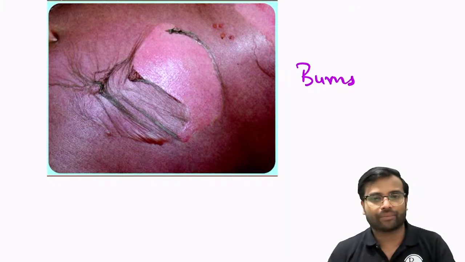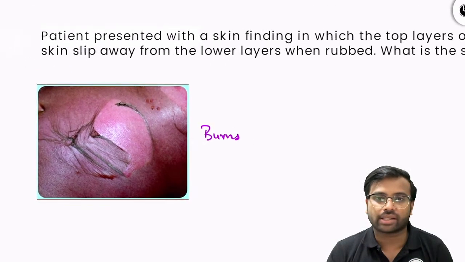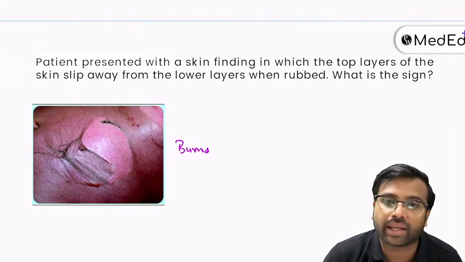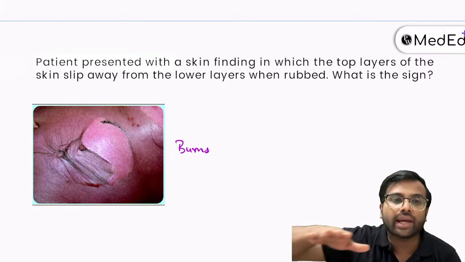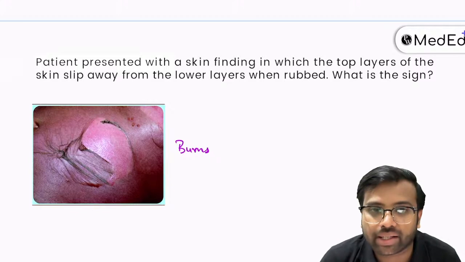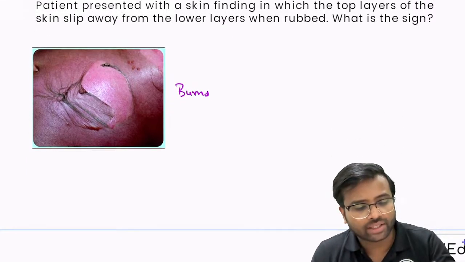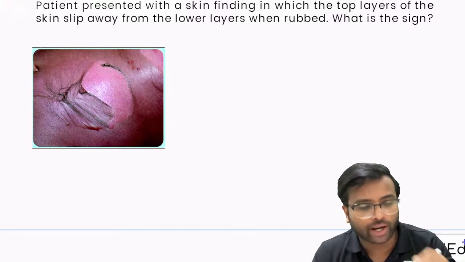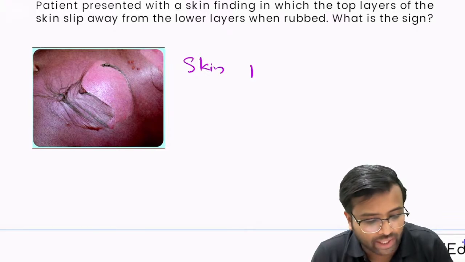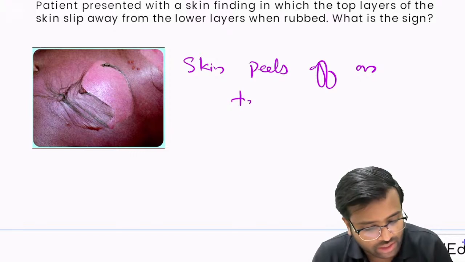Now let us see, having this perception in your mind, now let us read what the sign is. Patient presented with a skin finding in which the top layers of the skin slip away from the lower layers when rubbed. Otherwise, I can frame the sentence in such a way that skin peels off on tangential pressure.